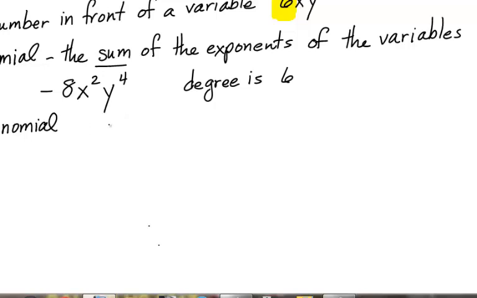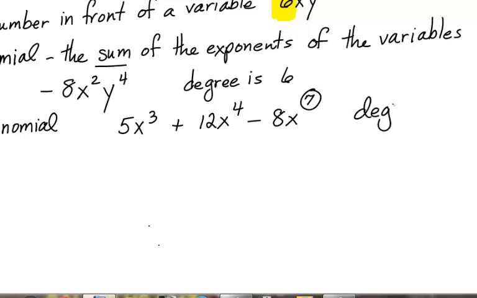So if I had 5x to the third plus 12x to the fourth minus 8x to the seventh, the degree of that polynomial would be 7.